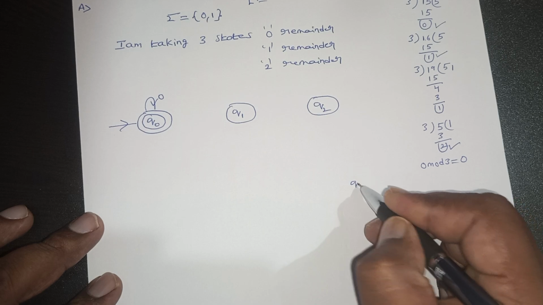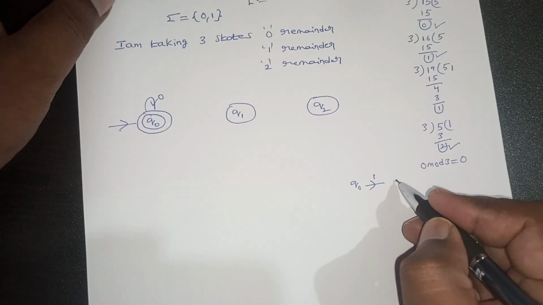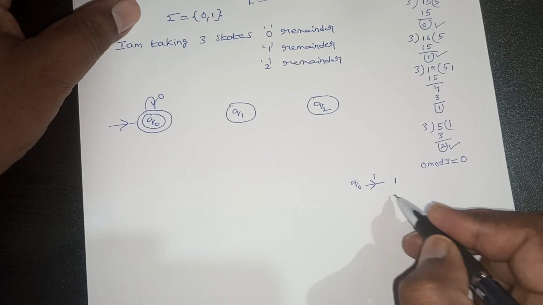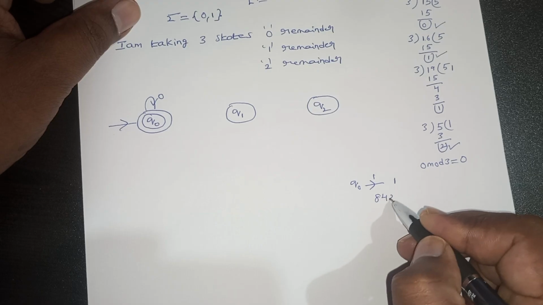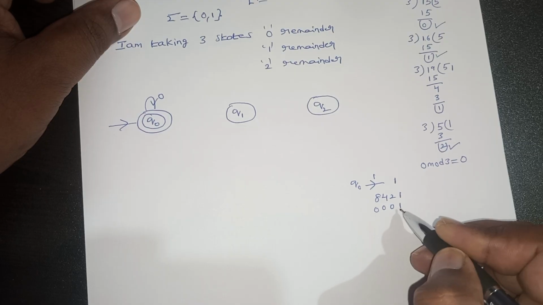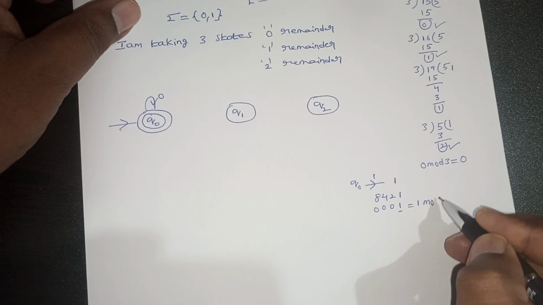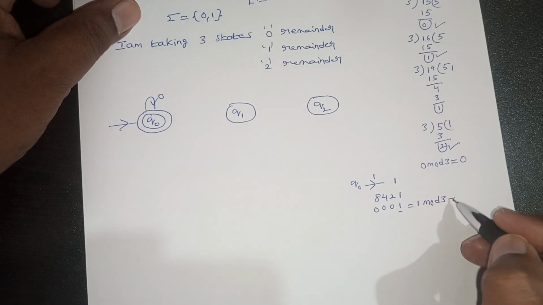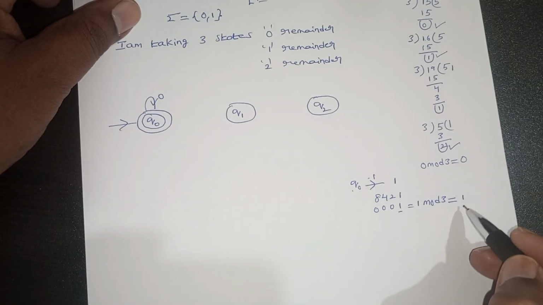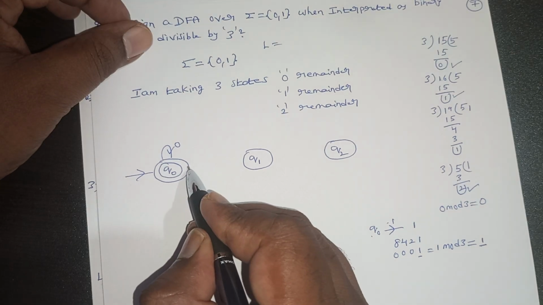So q naught on 1. You write 1 here. Then you apply the code 8 4 2 1, 1 0 0 0. What is the value? It is 1. 1 mod 3. What is the remainder? Remainder equal to 1. It means that on q naught and 1, I am going to the 1 remainder class, nothing but I am going to q1.